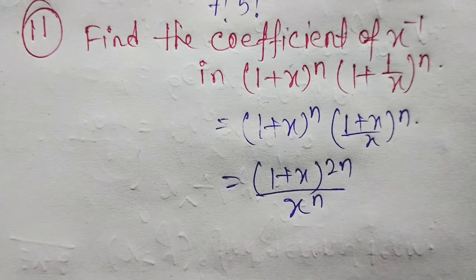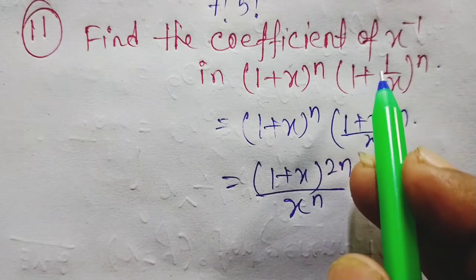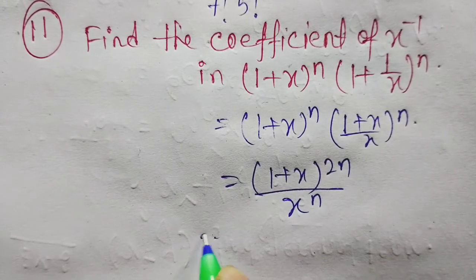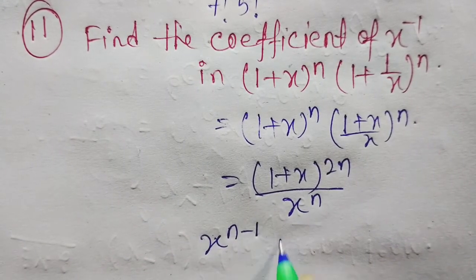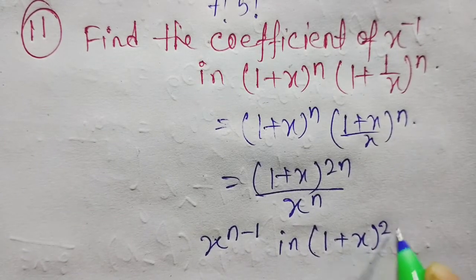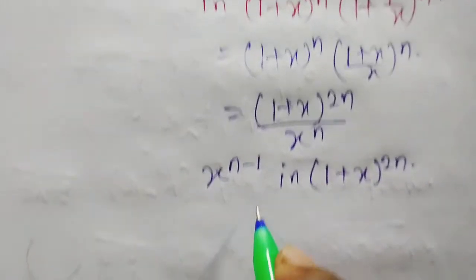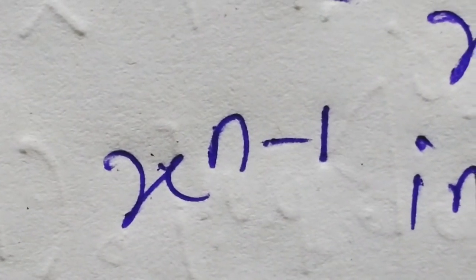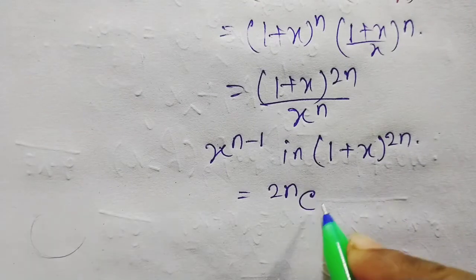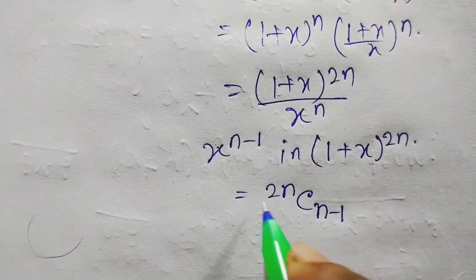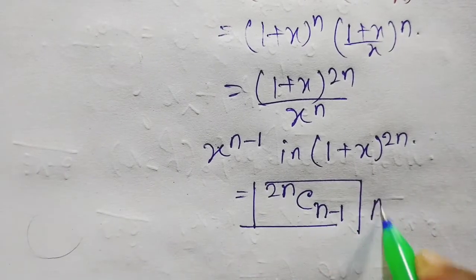So the coefficient of x to the power minus 1 is actually the coefficient of x to the power n minus 1 in (1 + x) to the power 2n, and it's 2nC(n-1). So this is our final answer.